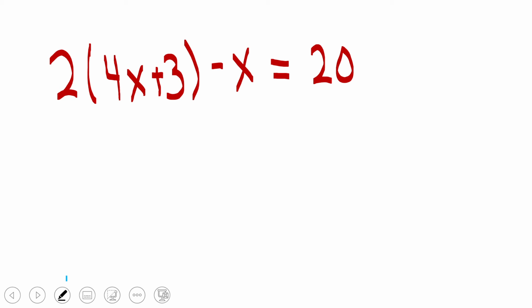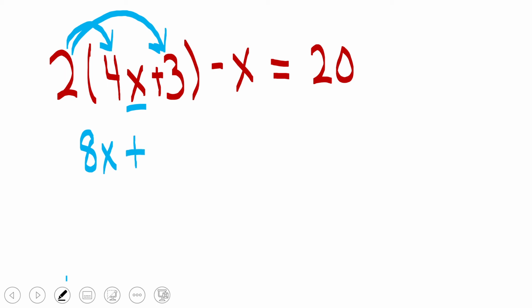So let's simplify the parentheses set with the distributive property. 2 times 4x. 2 times 4 is 8. The x labels that 8 because it's part of this element. 2 times 3 is a positive 3, so 2 times positive 3 is 6.